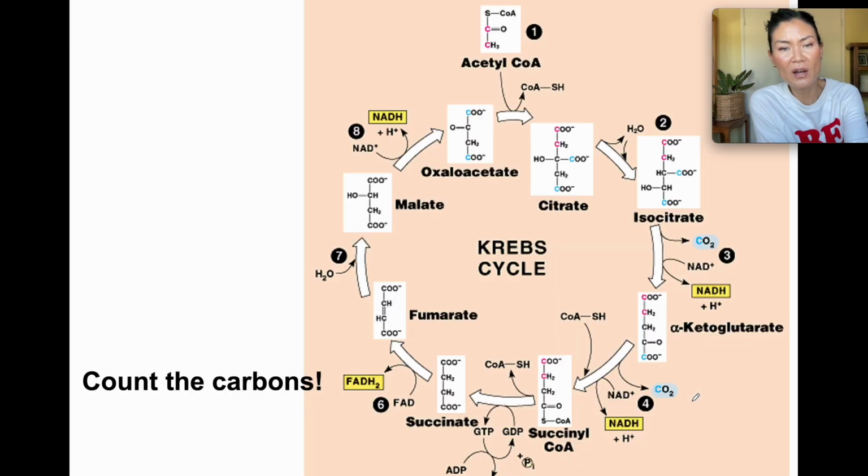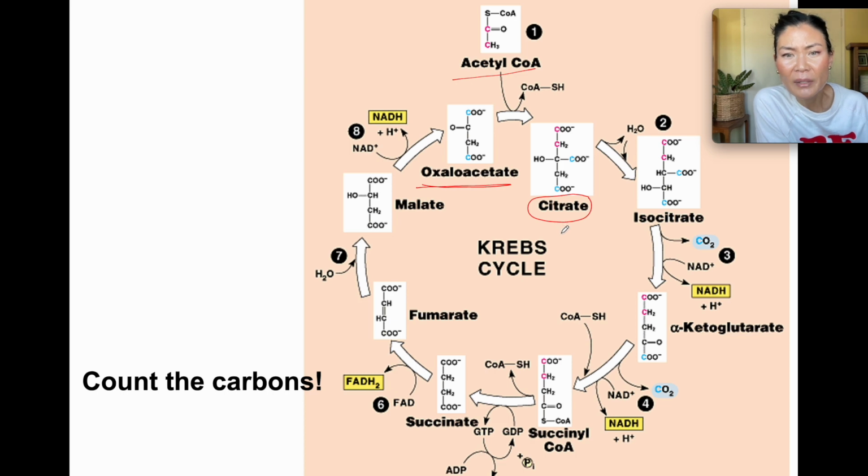Okay, so we've got acetyl-CoA, and I know this looks very intimidating. Acetyl-CoA is going to combine with oxaloacetate to make the first intermediate product, which is called citrate or citric acid.